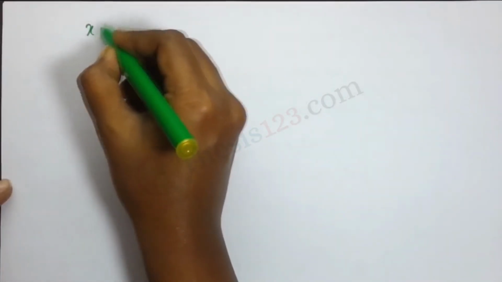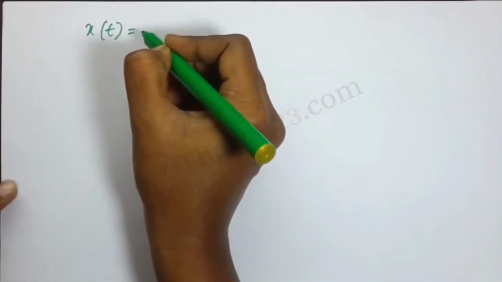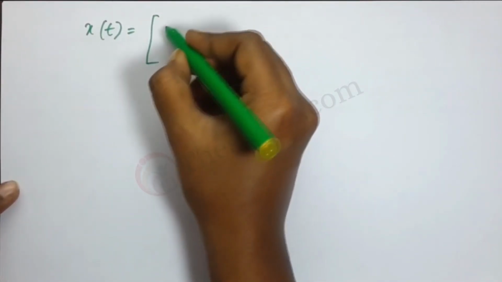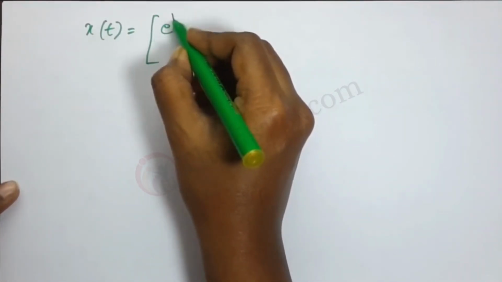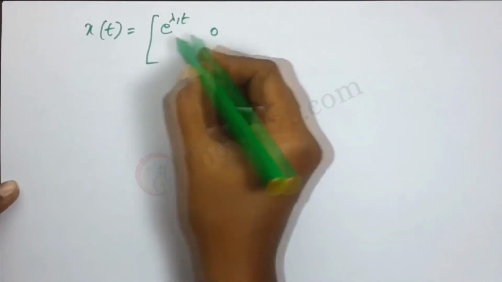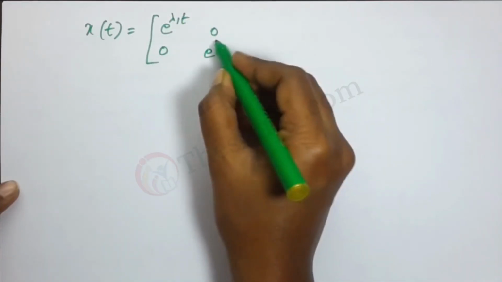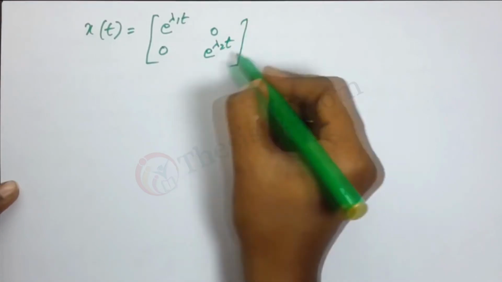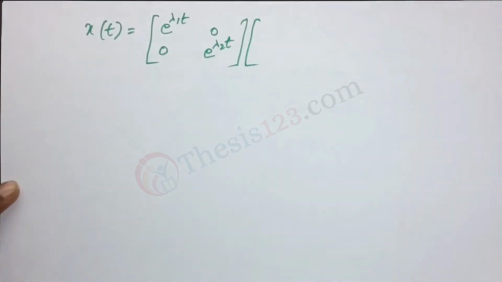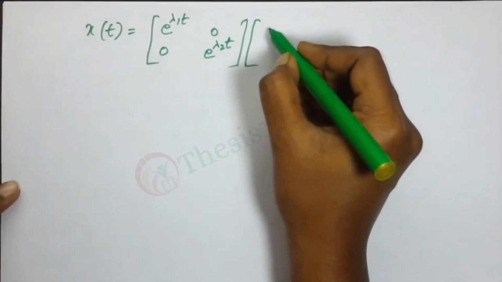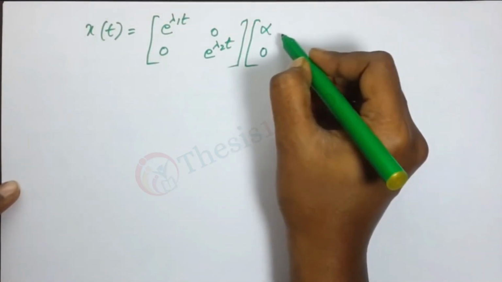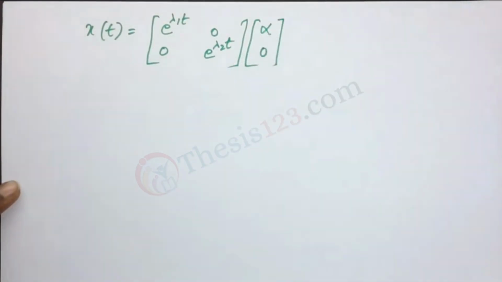Now, x of t is what we are supposed to find. Phi of t is what we have, the 2 by 2 matrix, which is e power lambda 1t, 0, 0, e power lambda 2t, into x of 0, which is our initial condition, written in matrix form as alpha, 0.